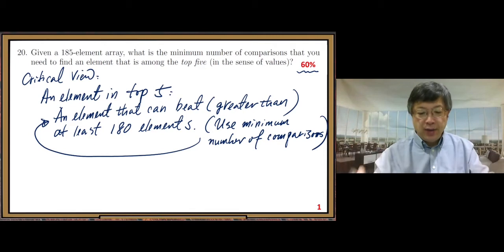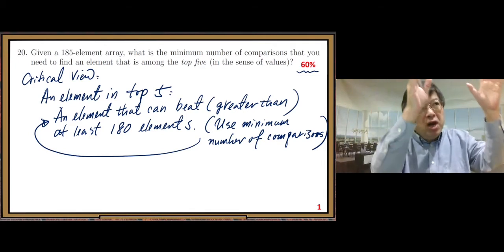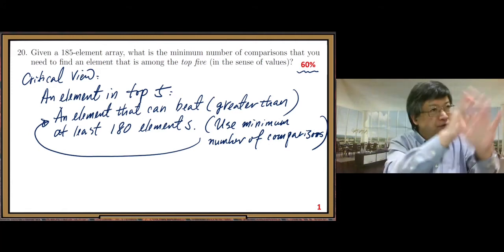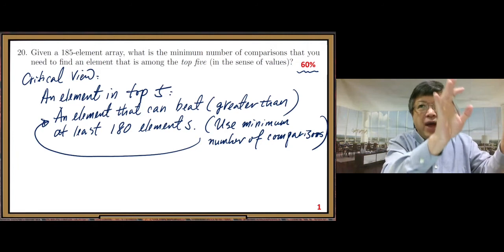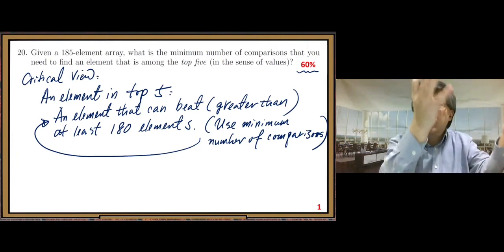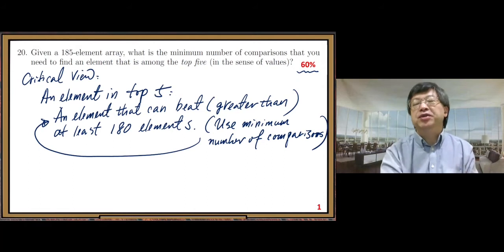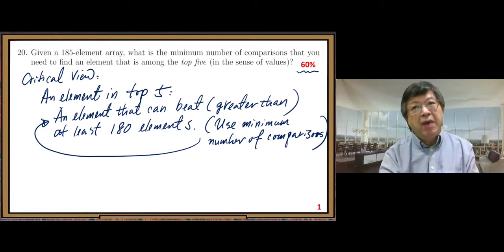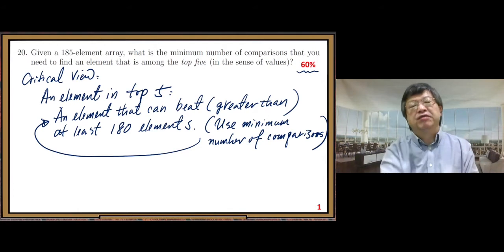Now how to do it? How do you use the minimum number of comparisons to find an element that is greater than at least 180 elements? That's the last step you need to make. This step I didn't give you in my hint because I like you to find the solution by yourself.